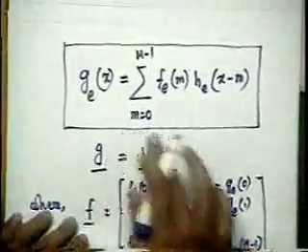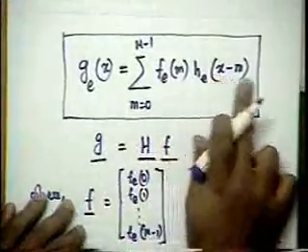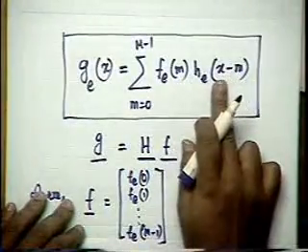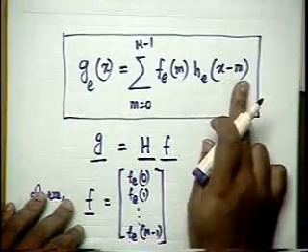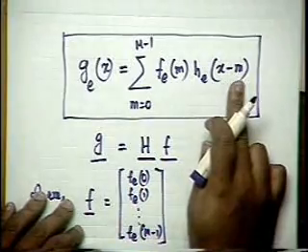This is a two-dimensional matrix, so there will be two coordinates, x and y. No, one minute. Just see the argument of this is h_e(x minus m). We are considering only the x variable. We don't have a y variable over here.